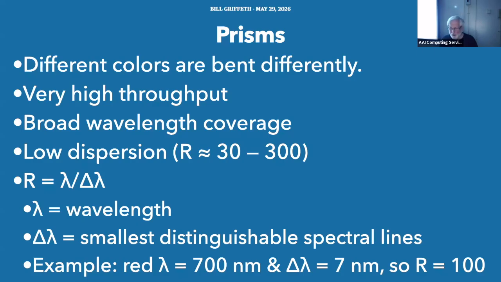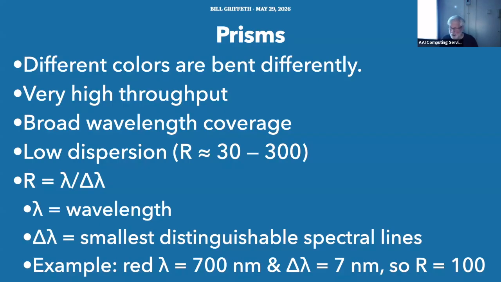This is going to come up again, so I want to define the R value for you. It's a function of wavelength, and it's the wavelength divided by the difference in wavelengths of the smallest spectral lines that can be separated by the disperser, or prism in this case, near the wavelength. So it's just lambda divided by delta lambda.